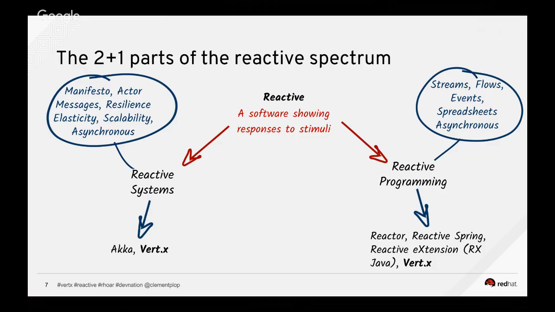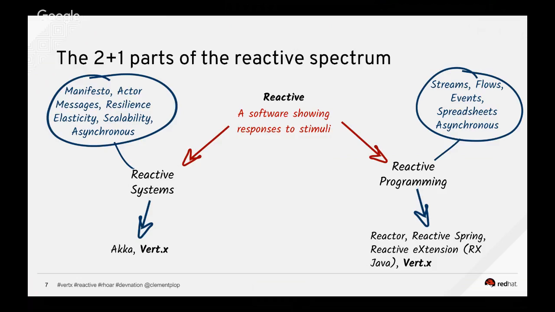On the right side of this slide, we have reactive programming. While reactive systems are at the architectural level, to build distributed systems, reactive programming is really about the development model to build event-oriented or message-oriented and asynchronous programs. And here the concepts are totally different. We are speaking about streams, flow, events, and of course, asynchronous.